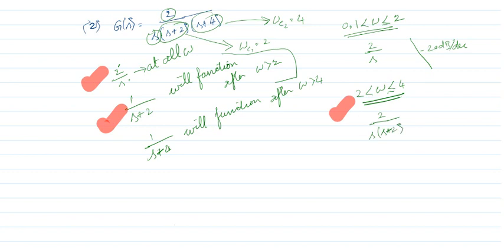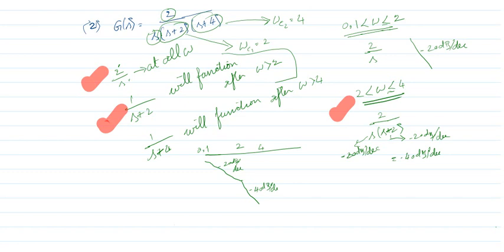So this contribution is minus 20 dB, and this contribution is another minus 20 dB. So what happens? The net contribution, if I go for a plot, this is 0.1, this is 2. Between 0.1 and 2, the slope is minus 20 dB per decade. Between 2 and 4, the slope is minus 40 dB per decade, because minus 20 becomes minus 40 dB per decade.